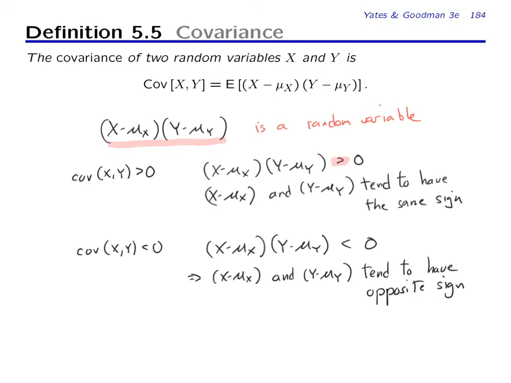I just mean that for many sample pairs that you observe of X and Y, it tends to be true. And similarly, when I say that the product tends to be less than 0, I mean that it happens sufficiently often such that its expected value is negative.